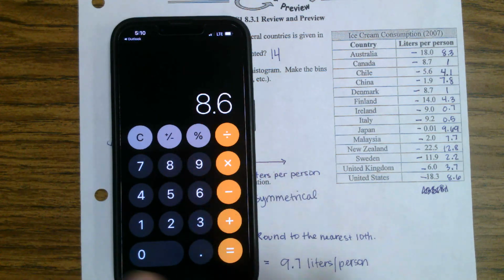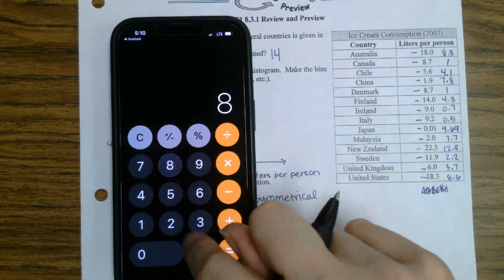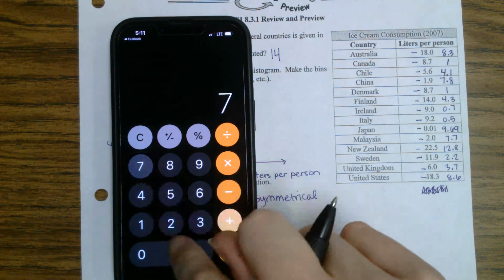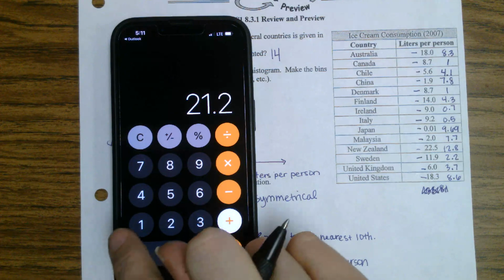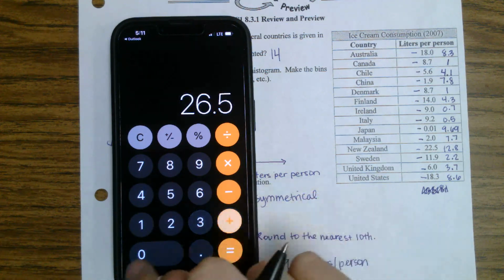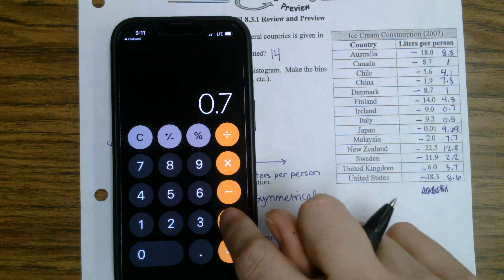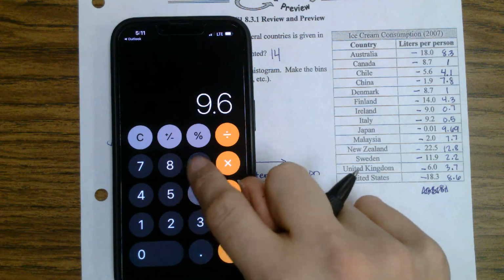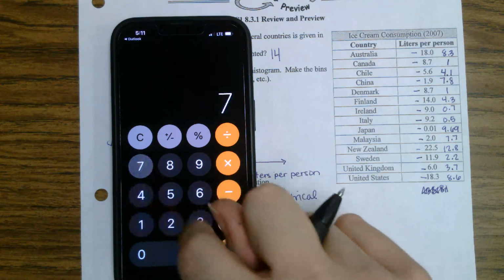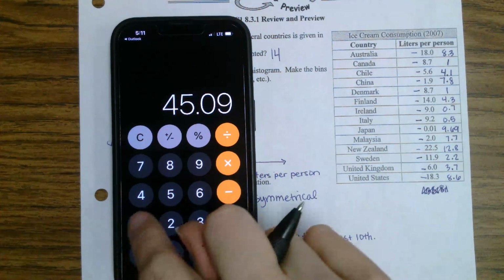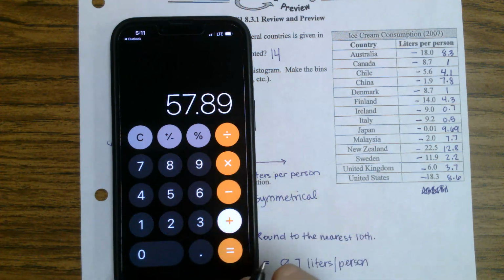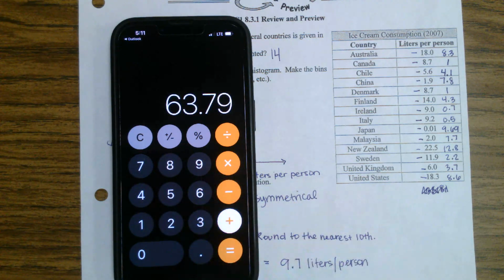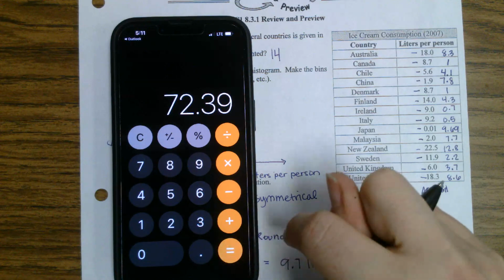So I have 8 and 3/10 plus 1 plus 4 and 1/10 plus 7 and 8/10 plus 1 plus 4 and 3/10 plus 7/10 plus 5/10 plus 9 and 69/100 plus 7 and 7/10 plus 12 and 8/10 plus 2 and 2/10 plus 3 and 7/10 plus 8 and 6/10.